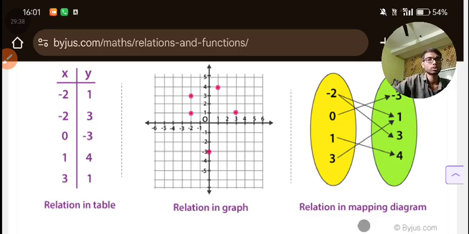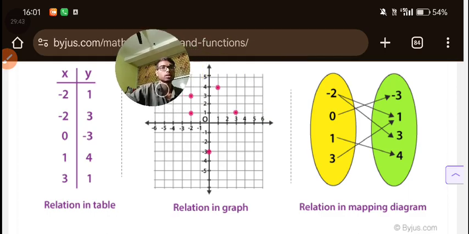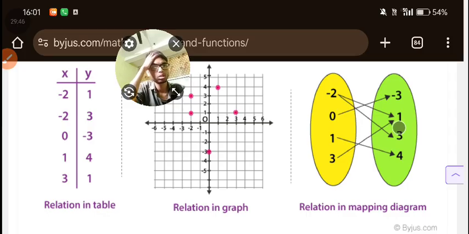Now let's see the relation in a mapping diagram. Here we have minus 2 to 3, minus 2 to 1, 0 comma minus 3.